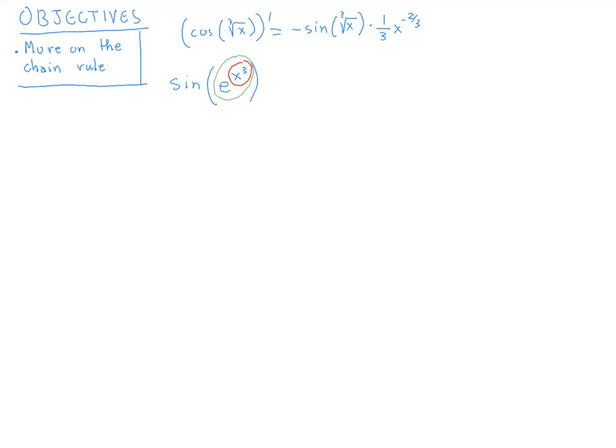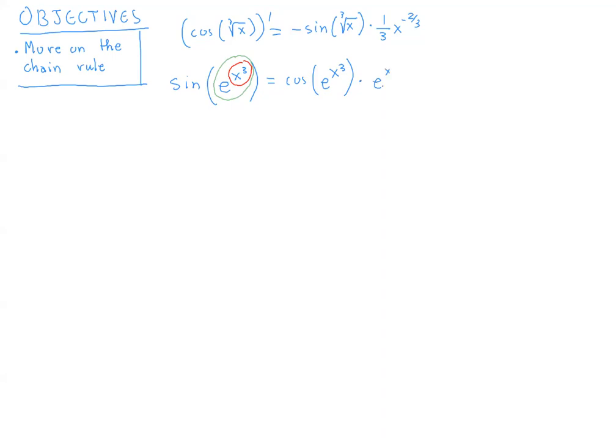So we're going to take the e to the x cubed and designate it as y, which means that we're looking at sine of y, and the derivative of sine of y is simply cosine y. So we write cosine of e to the x cubed. The thing that changes slightly here is that we're not going to execute the differentiation in just one step. We're going to just say that we need to take the derivative of the inner function.